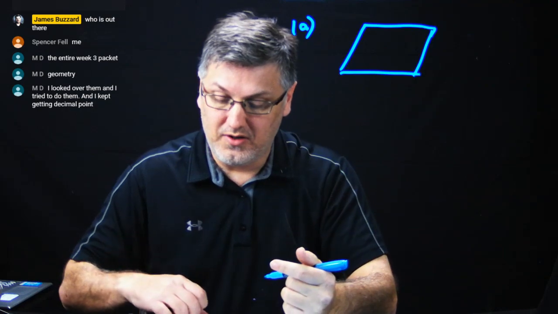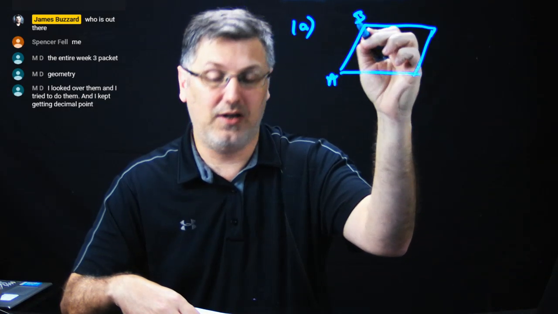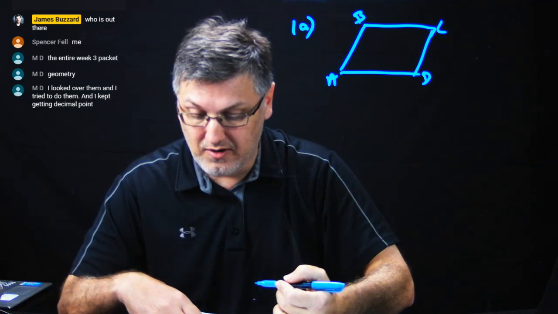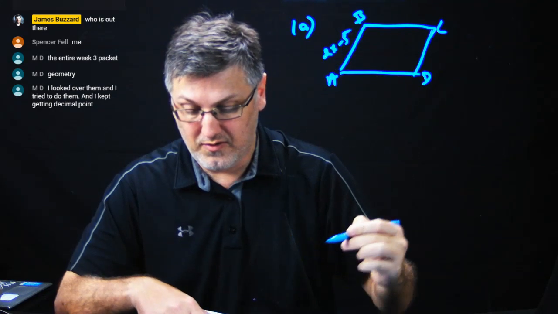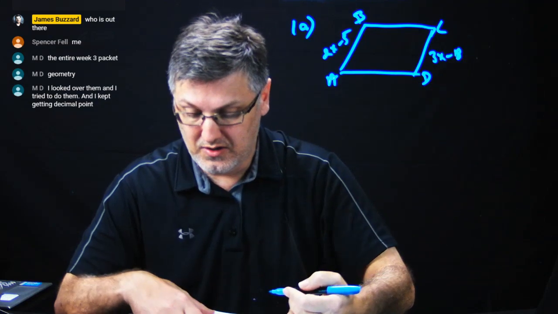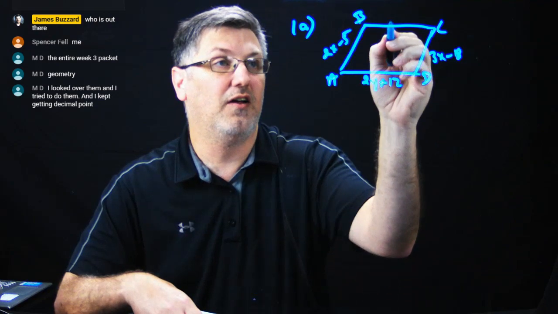All right. So we have this possible parallelogram ABCD, and we have 2x minus 5, 3x minus 18, 2y plus 12, and 5y.